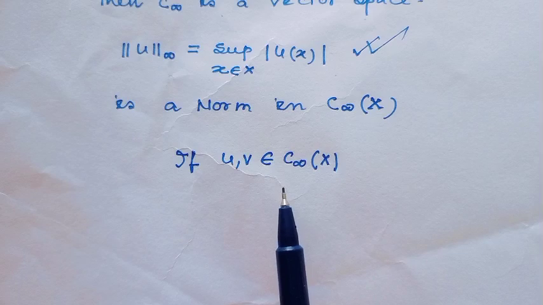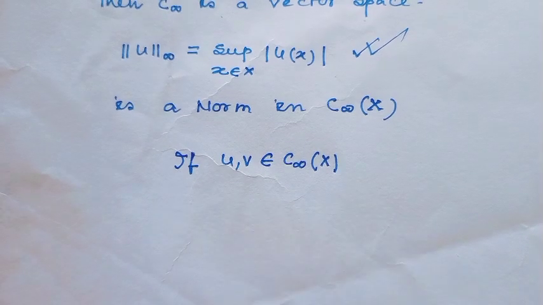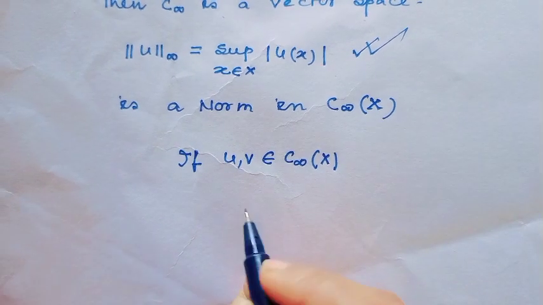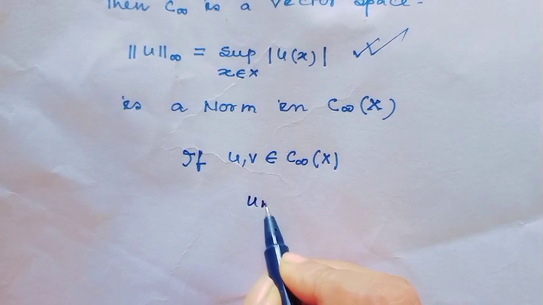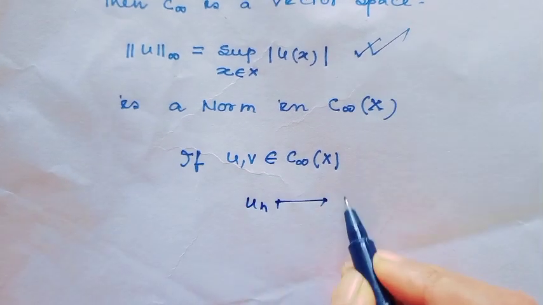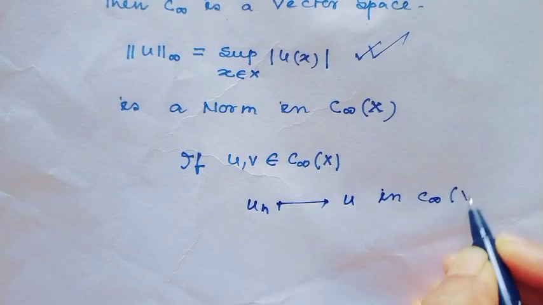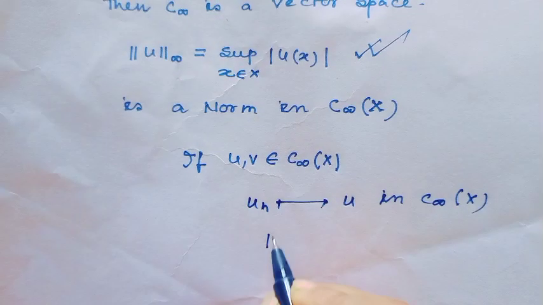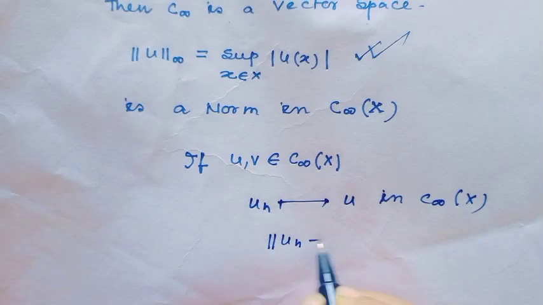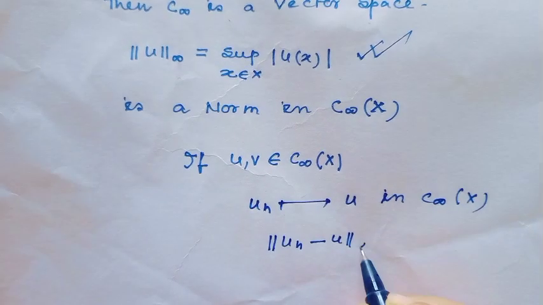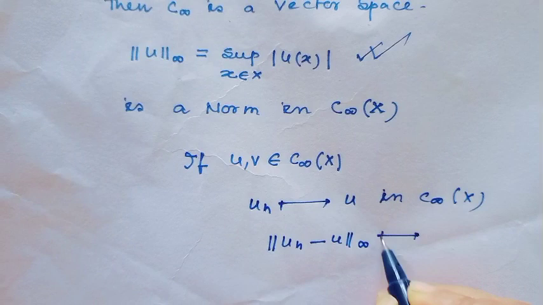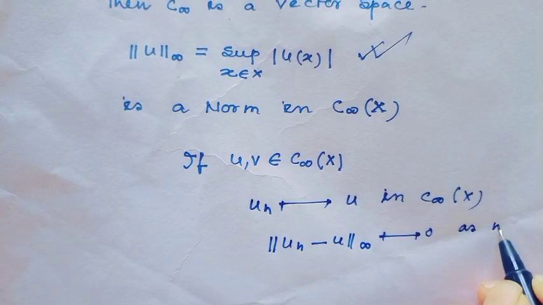Consider two vectors u and v in C infinity of X. Then the sequence un converges to u in C infinity of X. That implies the norm of un minus u in the sup norm tends to 0 as n tends to infinity.